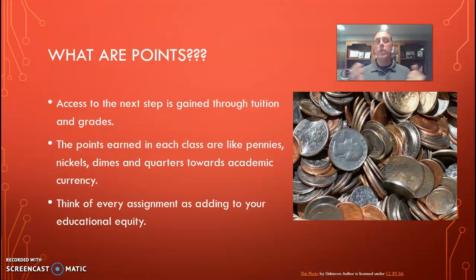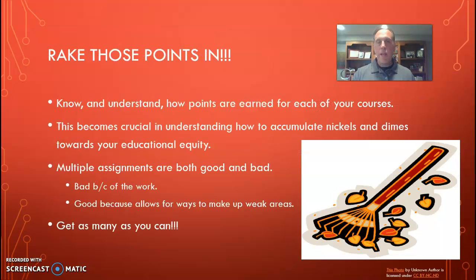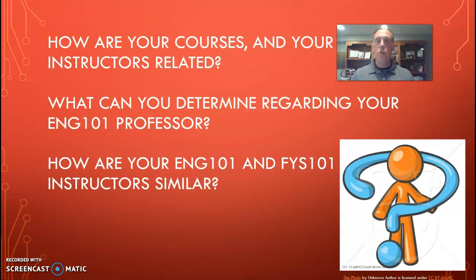And I can't tell you how many times I've had a class where I've had somebody who is at that 256.5 and they end up getting an A, and had they not done their last assignment, they would have got a B. So again, you're in your classes, get the rake out and rake up those nickels and dimes and quarters and every dang penny you can get and every point that you can get to add to your academic equity. It adds up, and it adds up towards a much bigger picture goal, that being able to get into other schools.